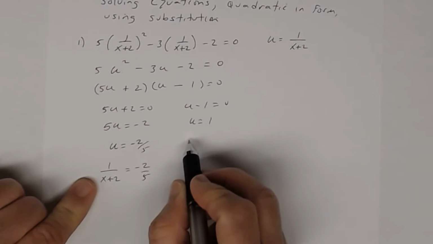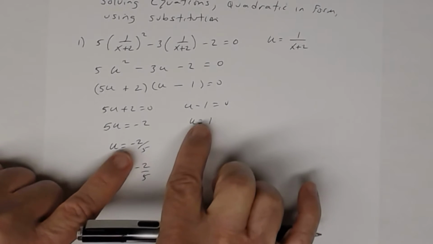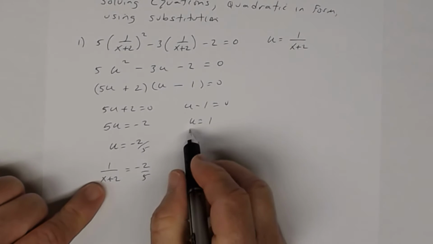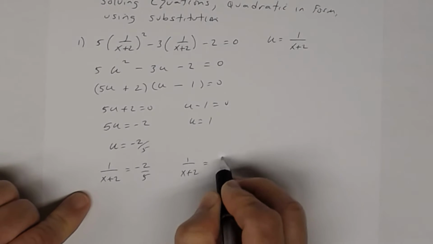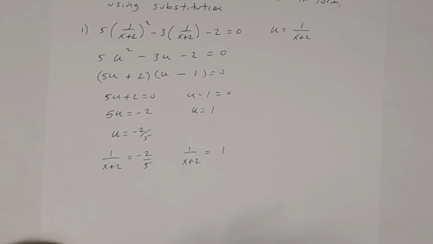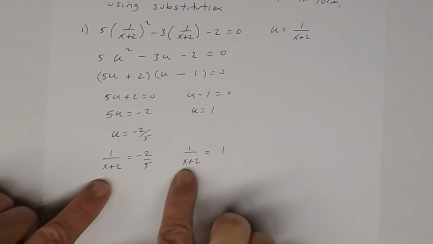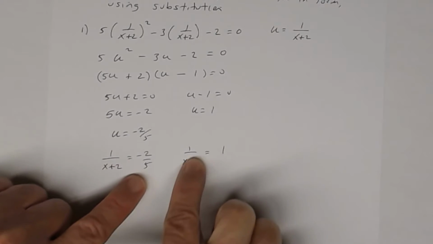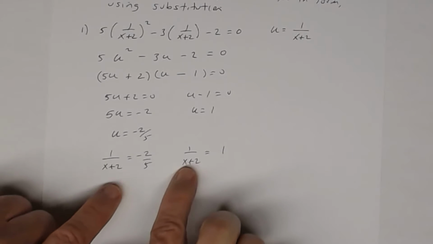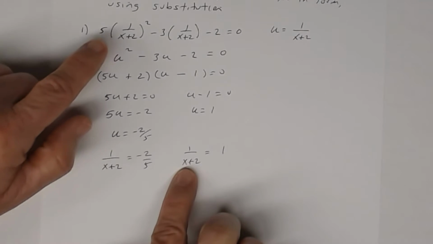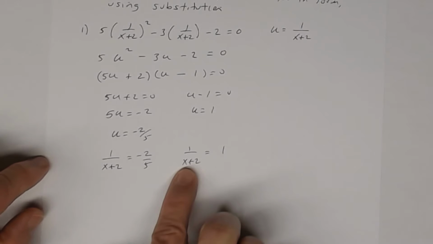And over the same thing here, remember you have two solutions here. So u is 1 divided by x plus 2 equal 1. Okay, so notice now I have these two equations, and I have the variable x now. So once I solve for the variable x, I'm going to get the solutions to the original equation.